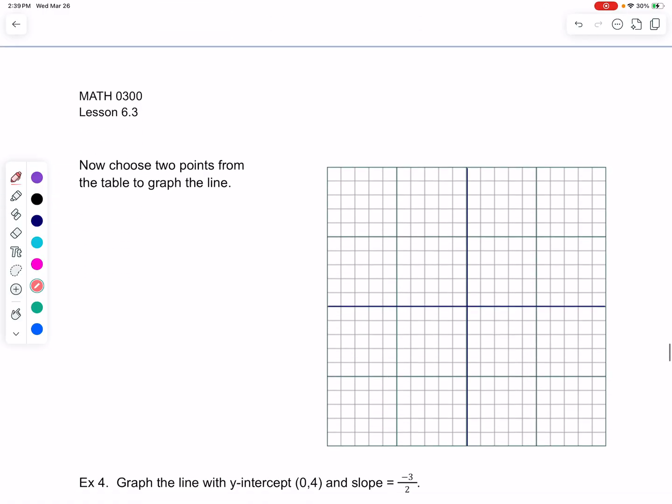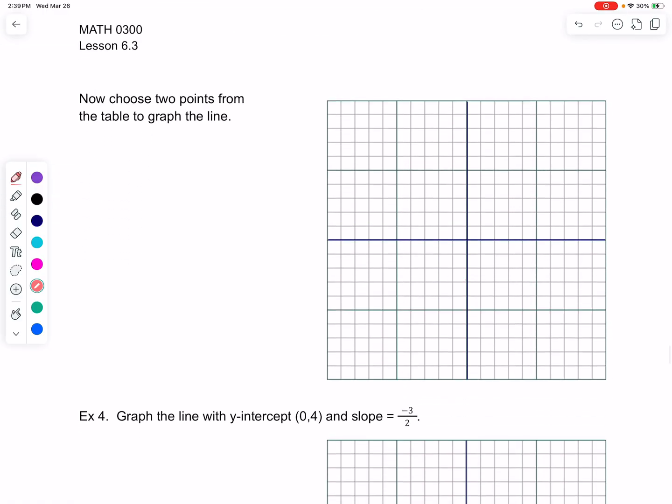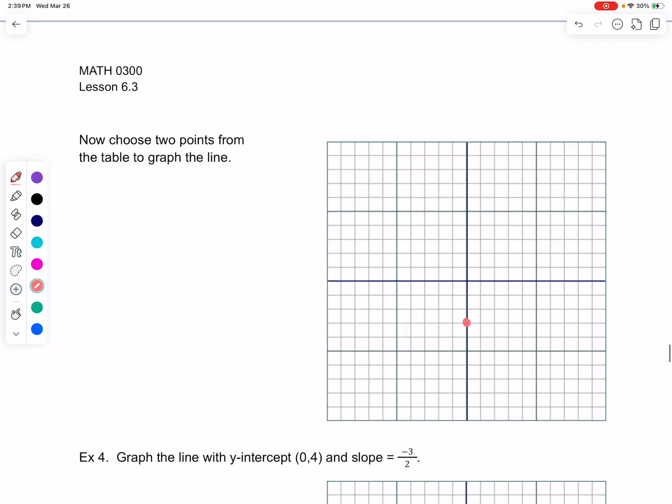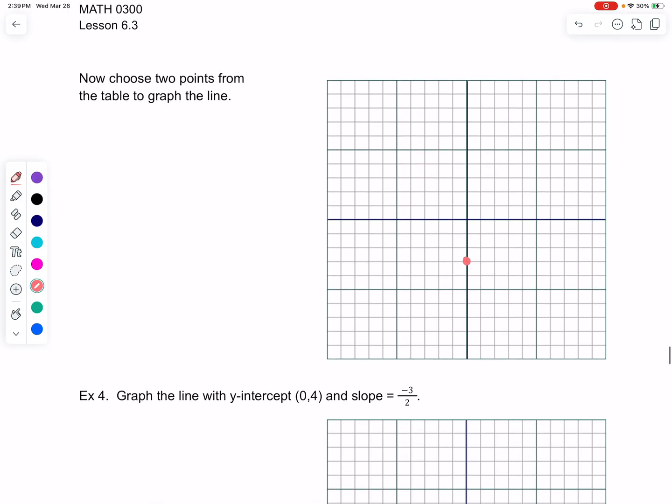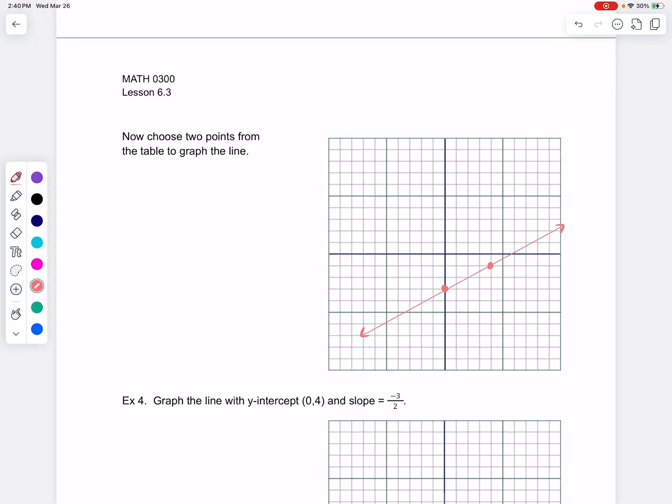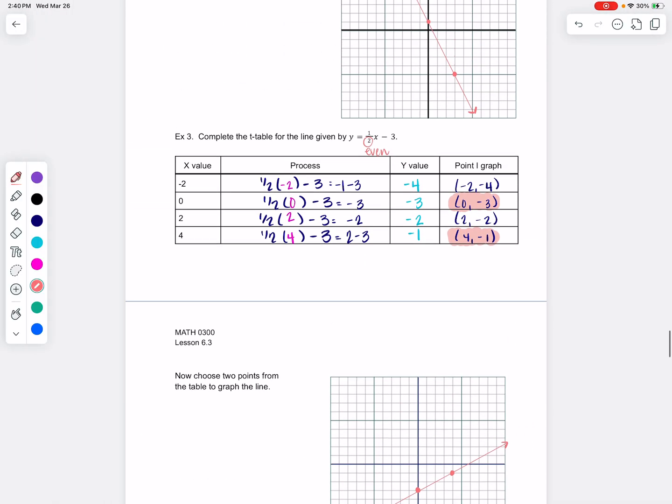It's totally fine. 0, -3, 4, -1, and I connect the dots the best I can. So there's the equation of the line written or drawn using the equation y equals 1/2 x minus 3.